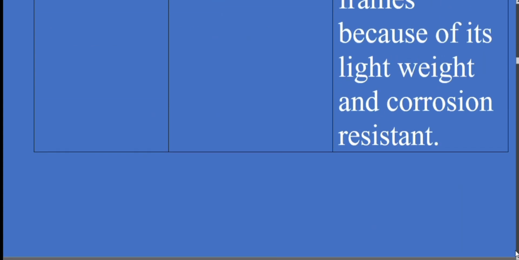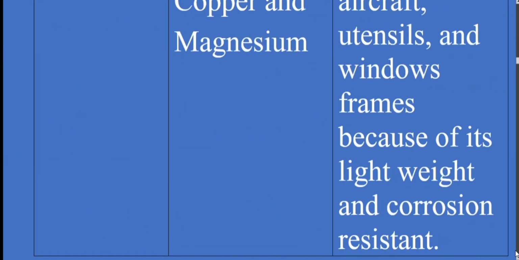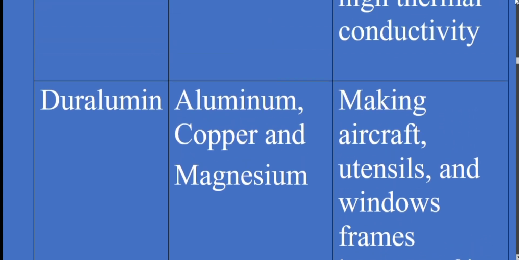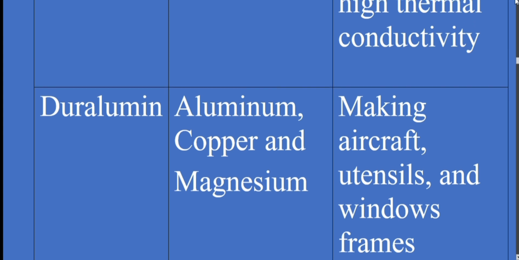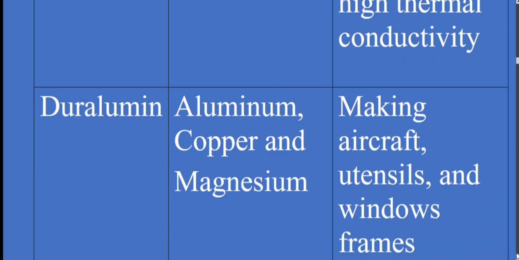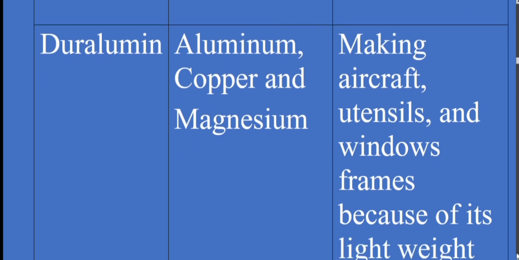Apart from solder, we have duralumin. Duralumin is made up of aluminium, copper, and magnesium. It is used in making aircraft, utensils, and window frames because of its lightweight.